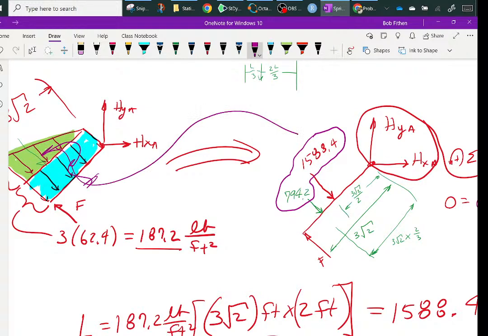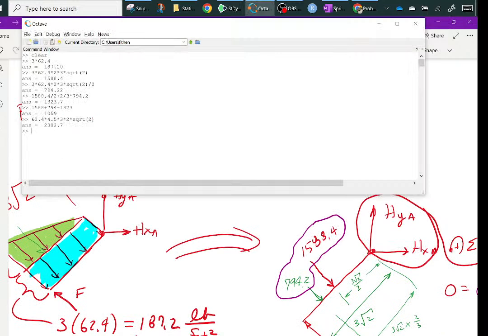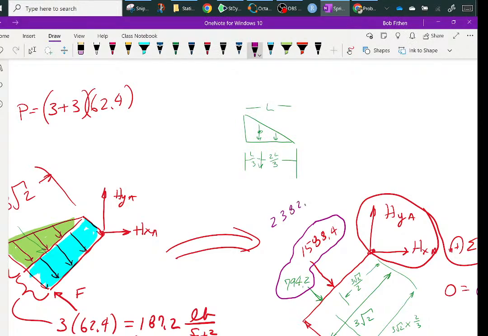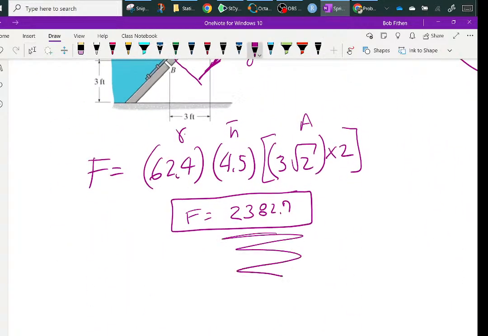And then now I'm going to just add those up, just to see. 1588.4 plus 794.2 is that, wait, I don't know, 2382.6. Okay, so that's pretty close to it.